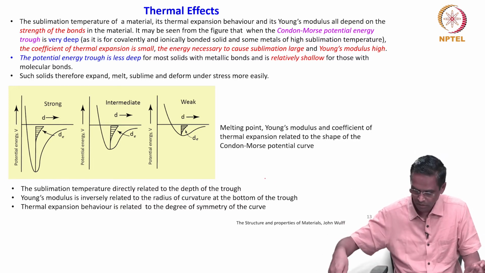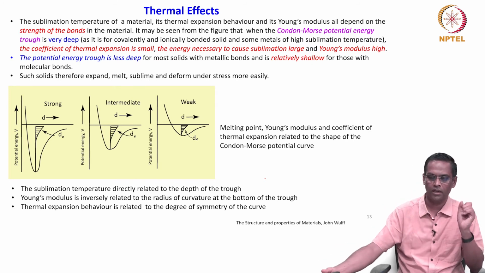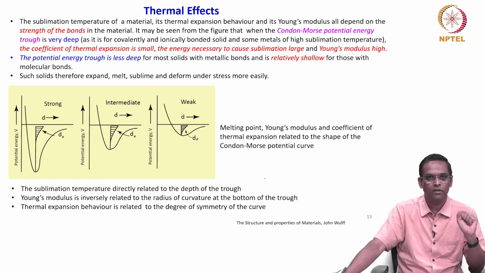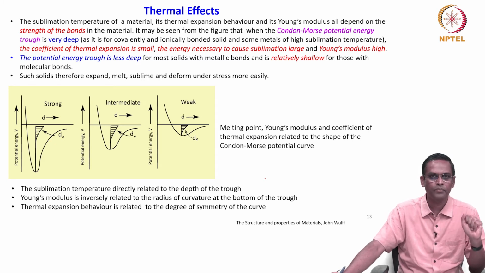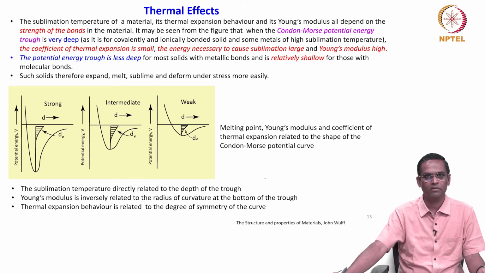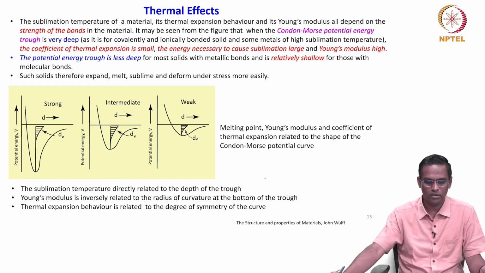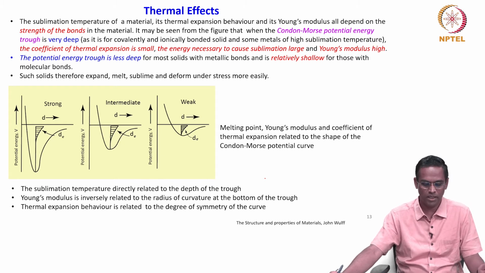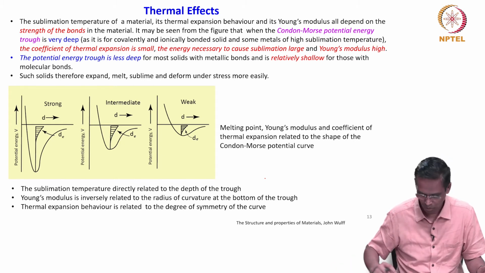So, the important message we are trying to give from this discussion is that the bonding nature has a strong connection to its mechanical behavior, whether it is elastic or plastic and so on. Right now, we are discussing elastic deformation, we will also see the plastic deformation in due course.